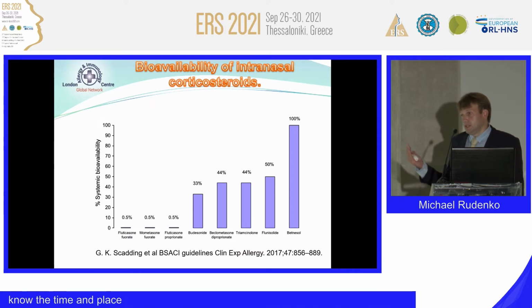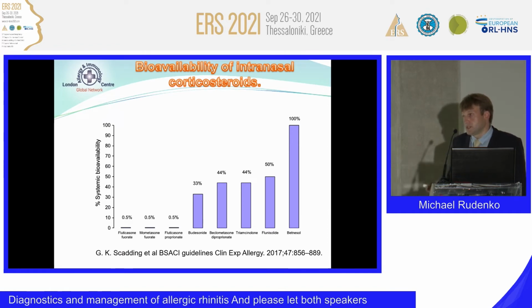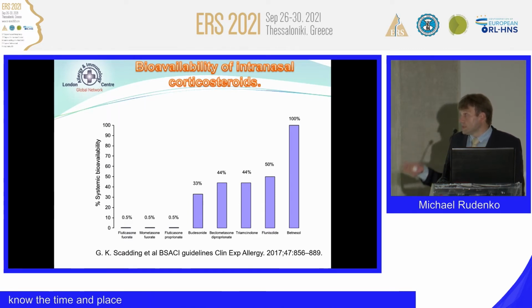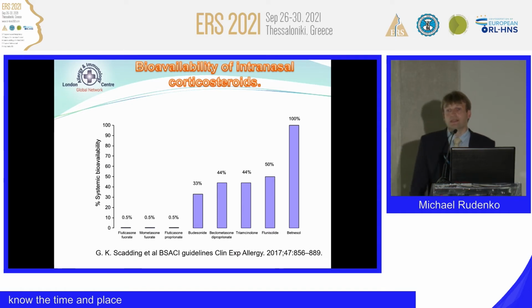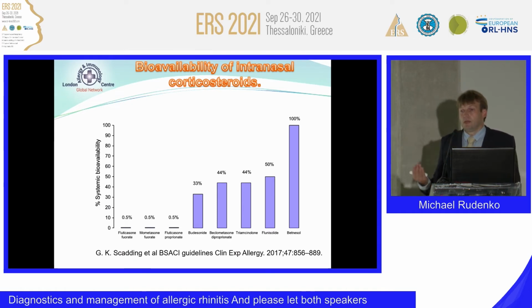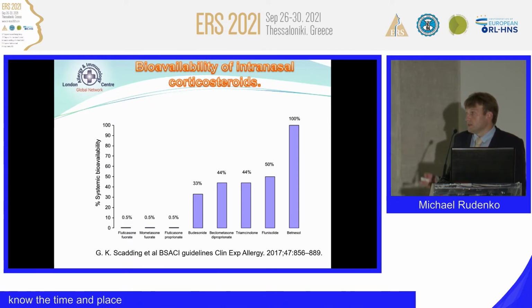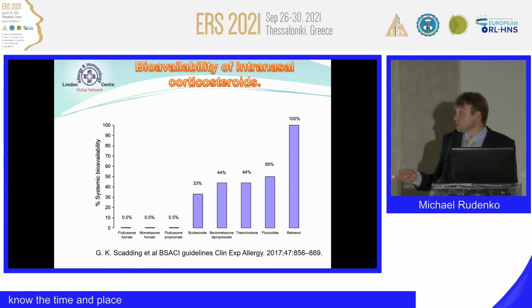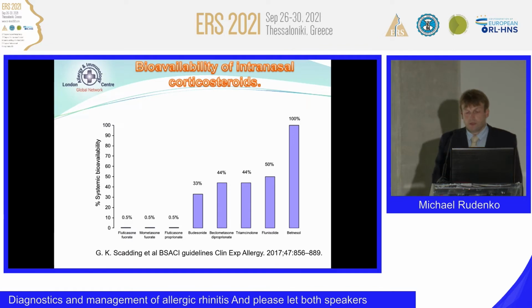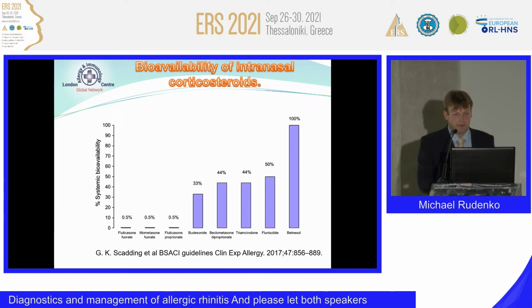If someone tells you that they have lots of infectious illnesses during the year, if they have several cases of chest infections or urinary tract infection or sinus disease, that's something that we need to be asking, because if a patient has immune deficiency, that can be exacerbated by using even the types of intranasal corticosteroids that have lower bioavailability.